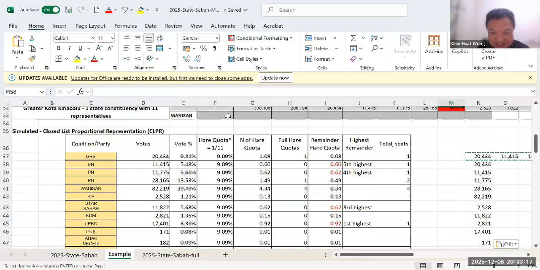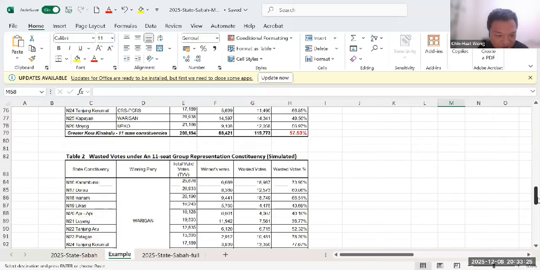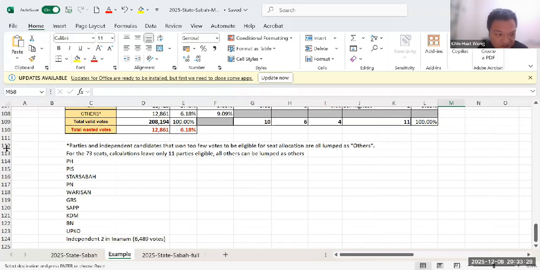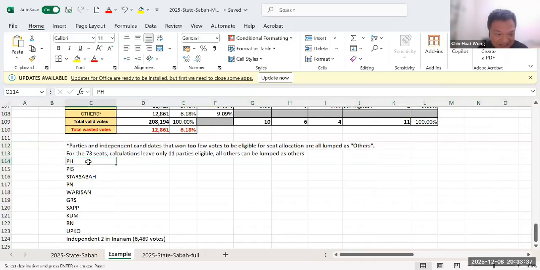What you're going to do is you're going to have the 73 numbers here. You add them together, but remember, I have given you a clue somewhere here. Can you see this bottom? Yeah, parties and independent candidates. So everywhere here from PH to UPCO, these are the parties that are going to get some seat.